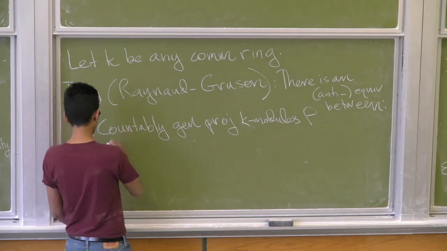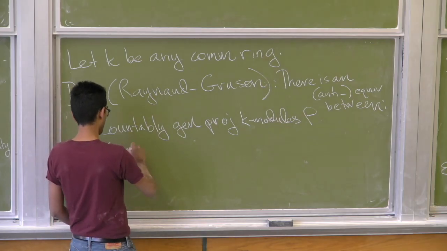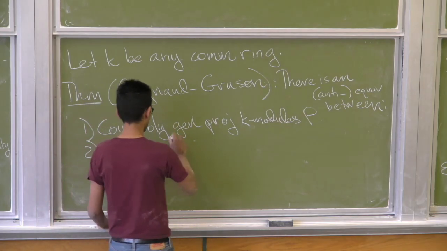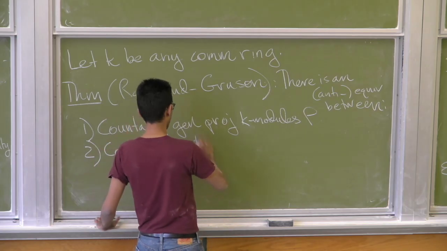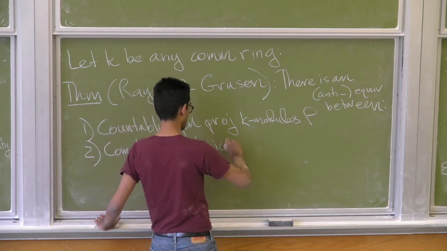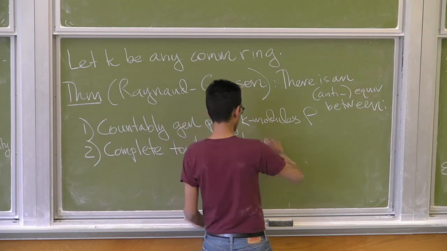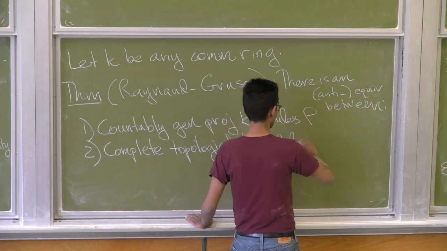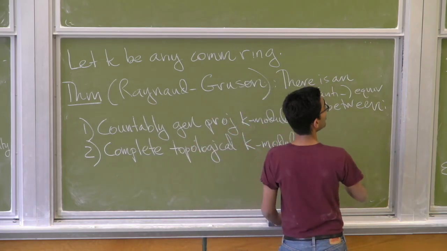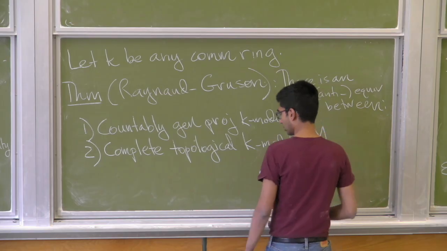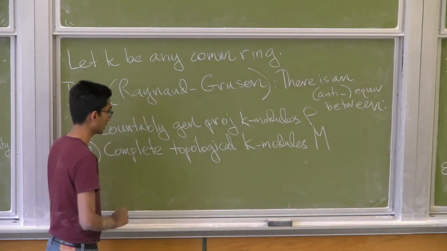Okay, so next we're going to have complete topological k modules, call it M, which have the following properties.